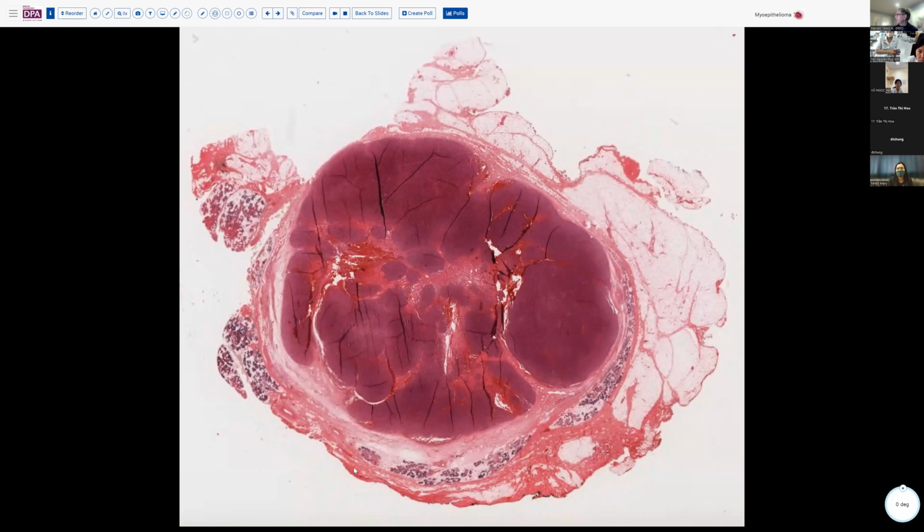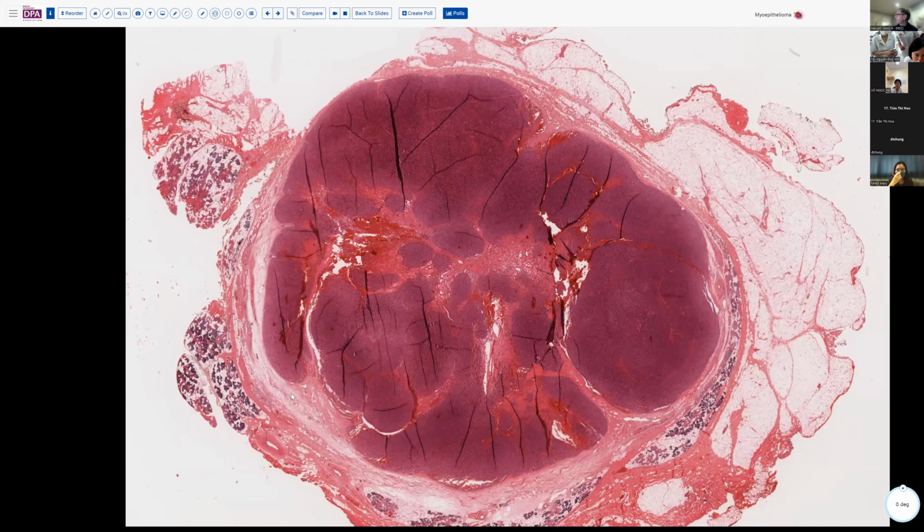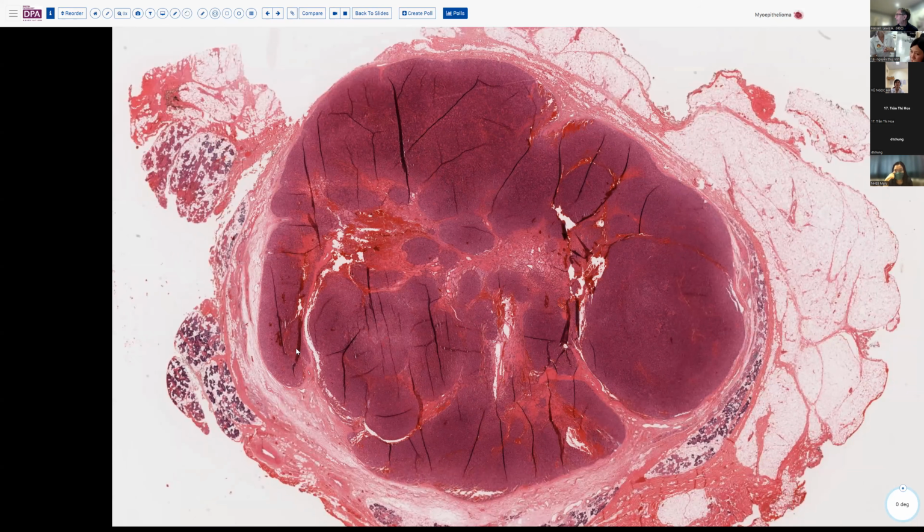Here's a case you can see nicely encapsulated at low magnification. Now, this is somewhat of a thick section, but it has a fairly thick capsule as well.